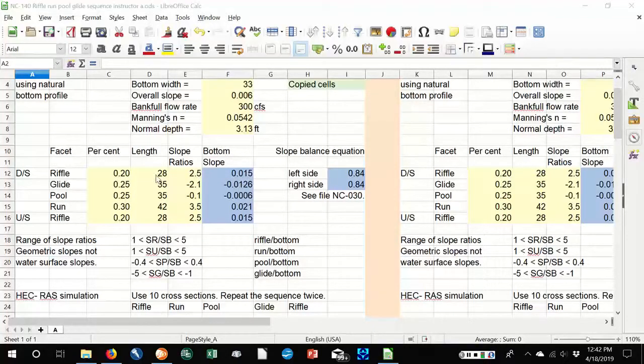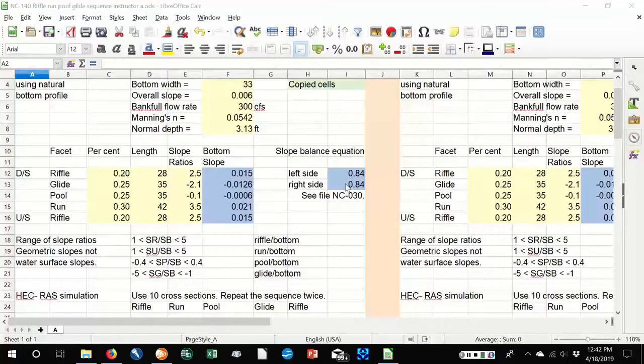You would take the length and multiply by the bottom slope and add them together. So remembering that the average bottom slope must be the weighted average of the bottom slopes of each of the facets, you see there's a total change here of 0.84 from one side of the equation and from the other.